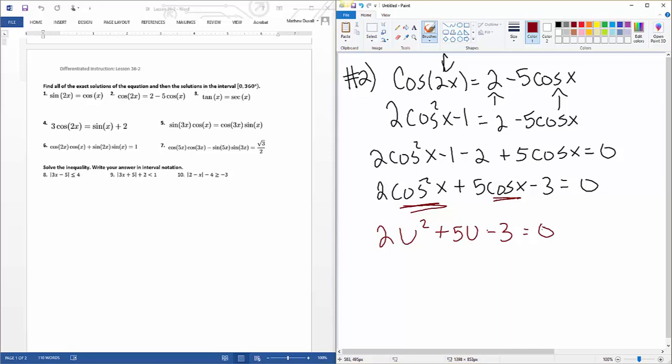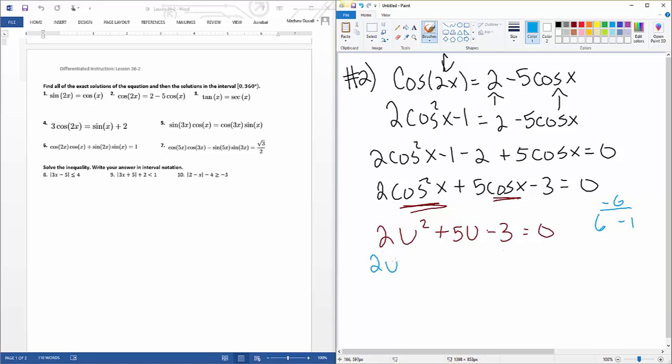That's much easier for me to visualize, to be able to go through and factor this. And so now, figuring out how to factor this, a times c gets -6, factors of -6 that add to +5. So that's going to be a +6 and a -1.